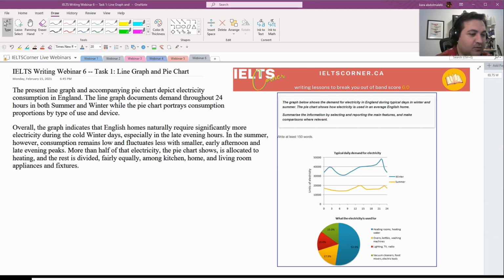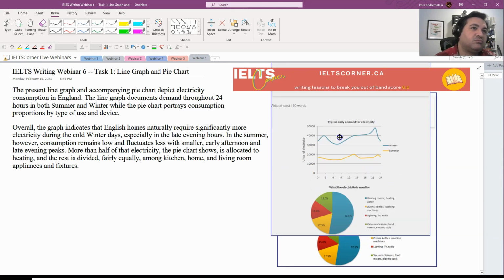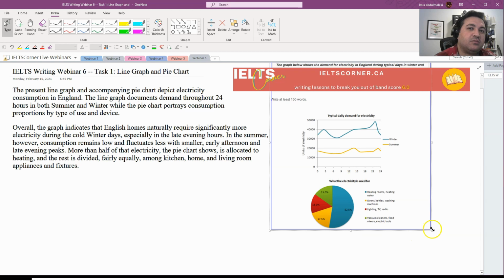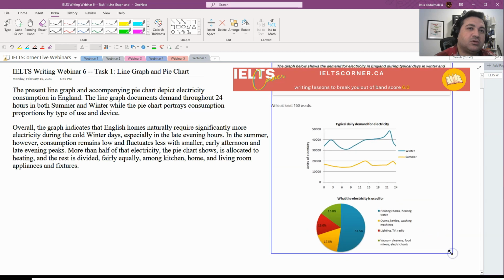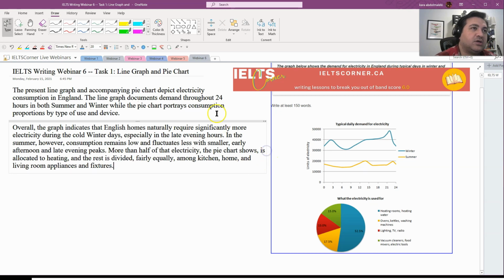Okay, now before I show you the two body paragraphs, let's think a little bit about what the body paragraph should look like. So naturally, when you get something like this, what I have seen in most sample essays, in all sample essays actually, the two paragraphs go for the line graph and the pie chart separately.